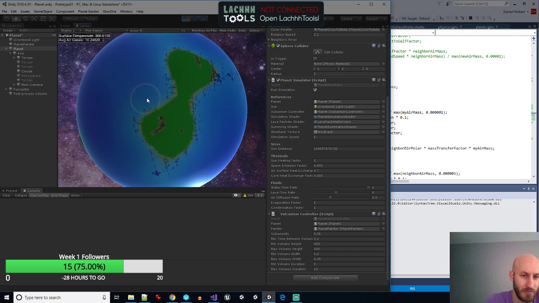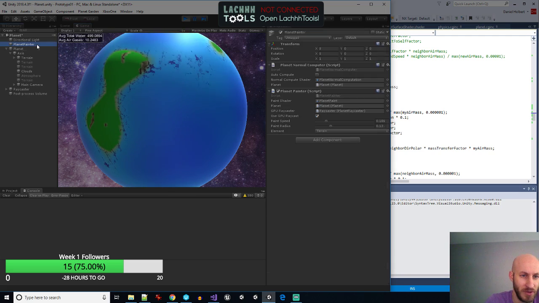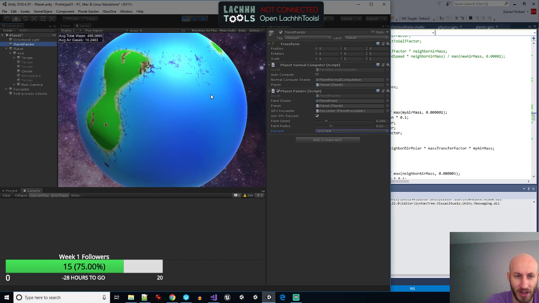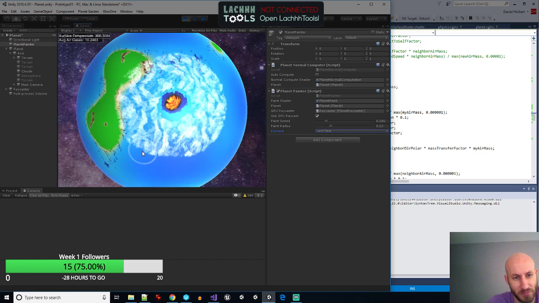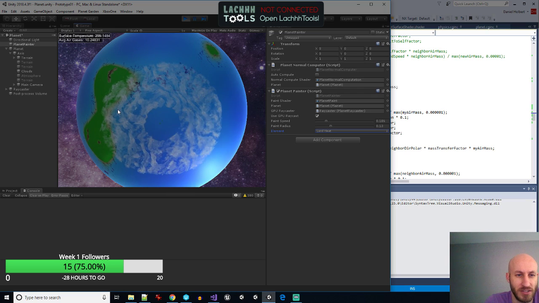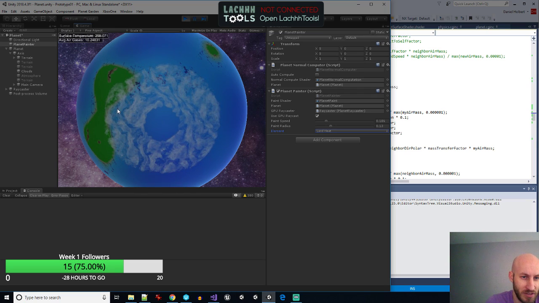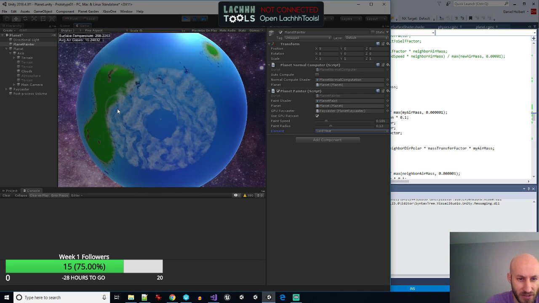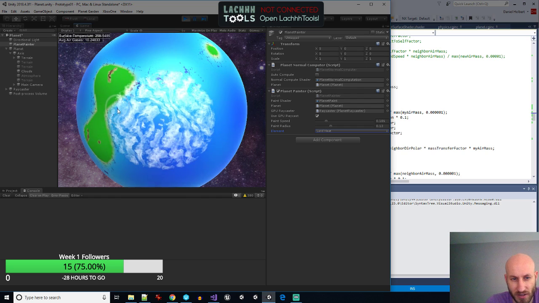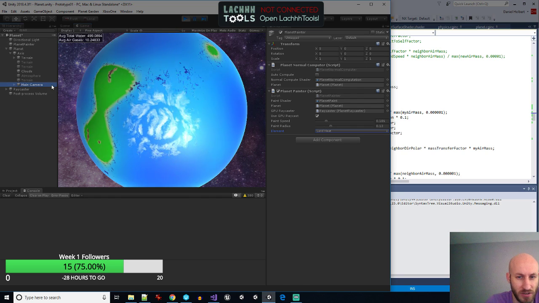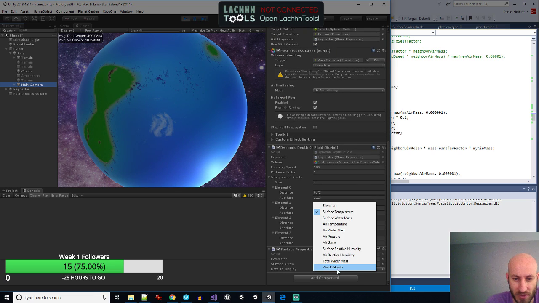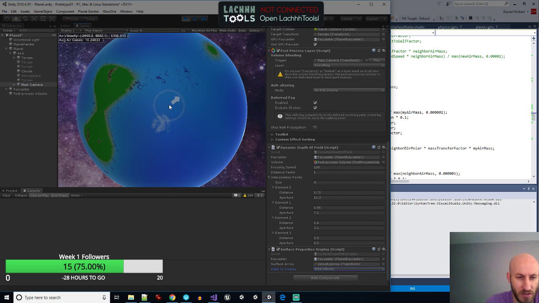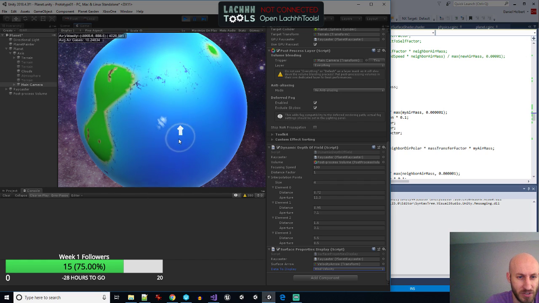Okay, so if I apply a little heat, I should be able to create some clouds. Boom, and you can see them diffusing around. But I'm also curious to look at the wind around there. You can see the wind is doing a little bit of weird stuff, but mostly outward.